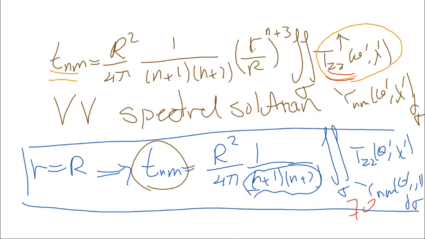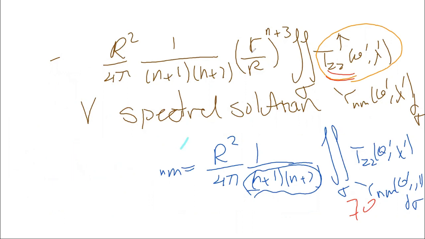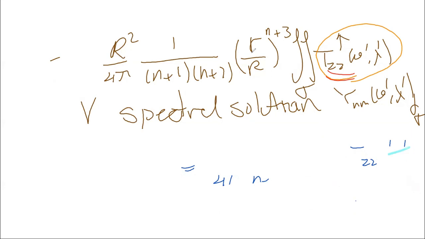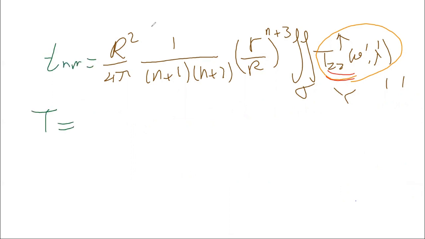How do we do that? Let me clean this part. I use this solution now. I write it like this. So it's T_nm that was here on the left-hand side, if I remember, and I want this potential outside.